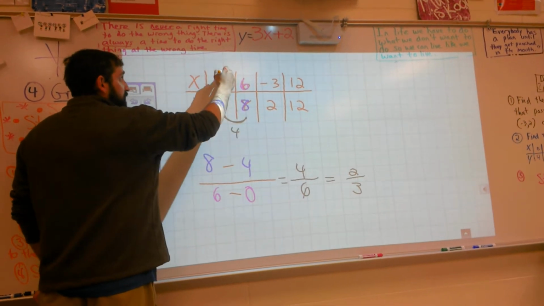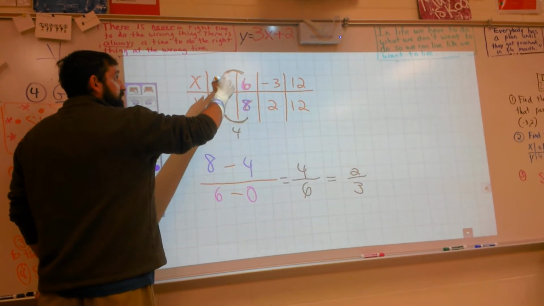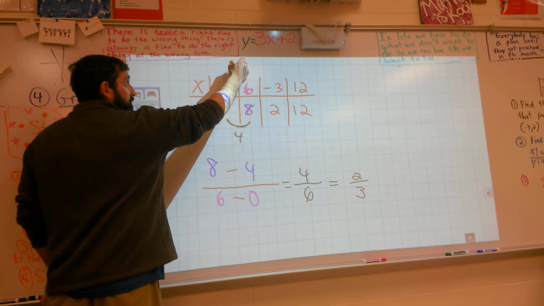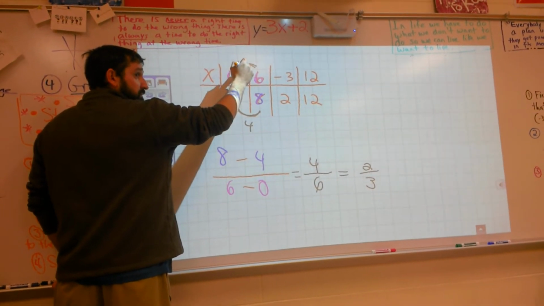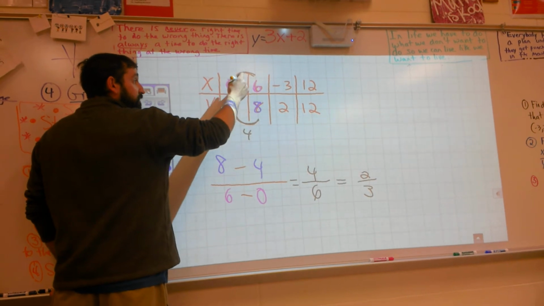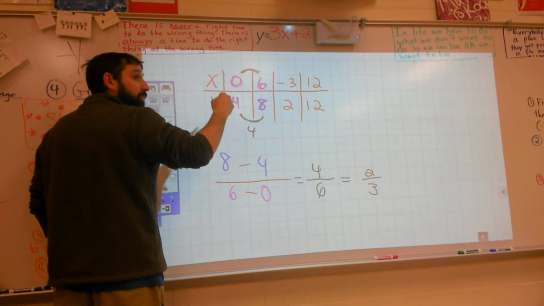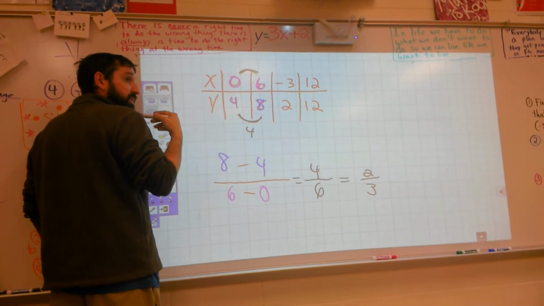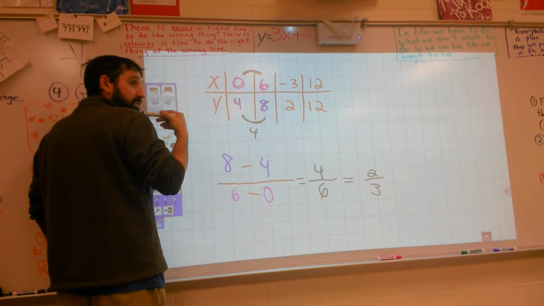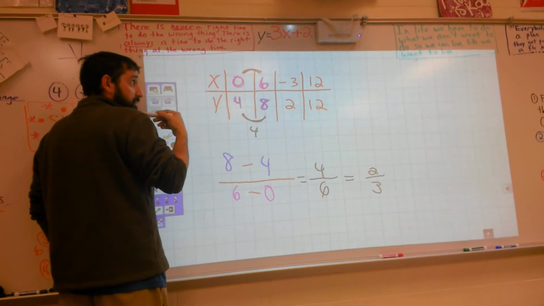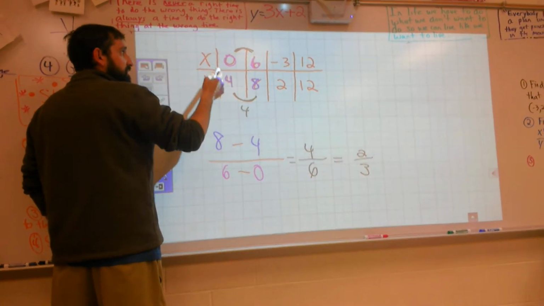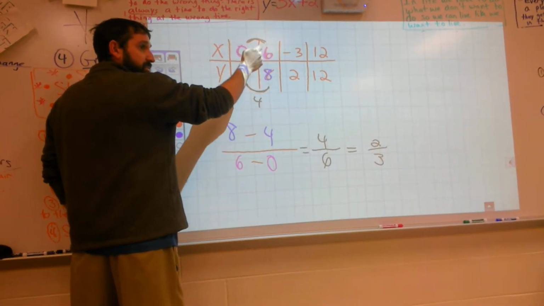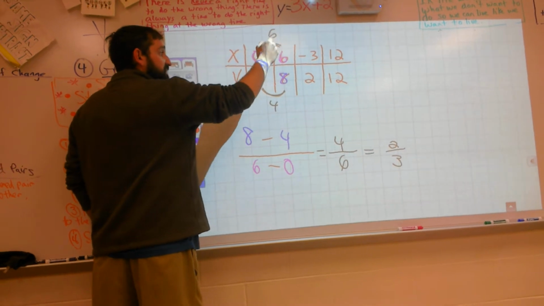How much are we changing in our x's? From 0 to 6, are we going up or down? Is it increasing by 6 or decreasing by 6? Decreasing would be 0 to -6. We're increasing. We're going from 0 to 6.